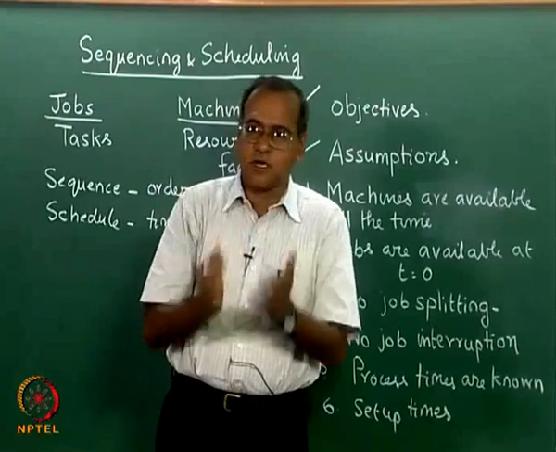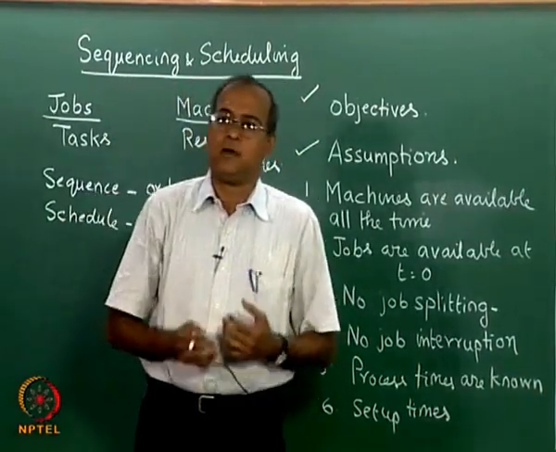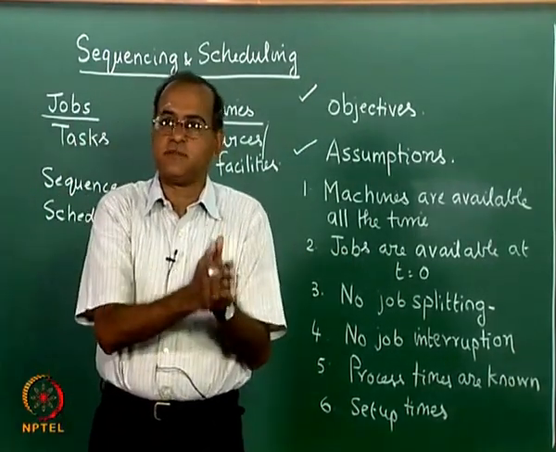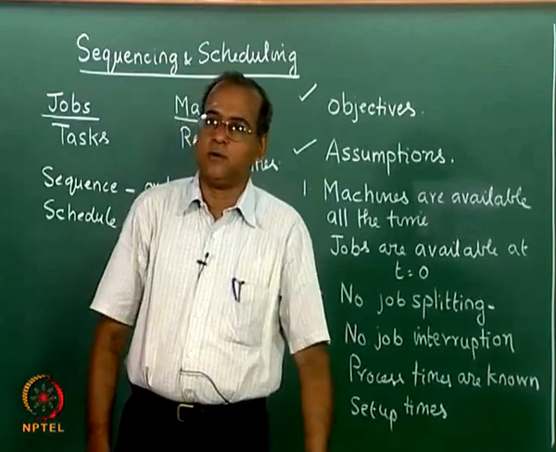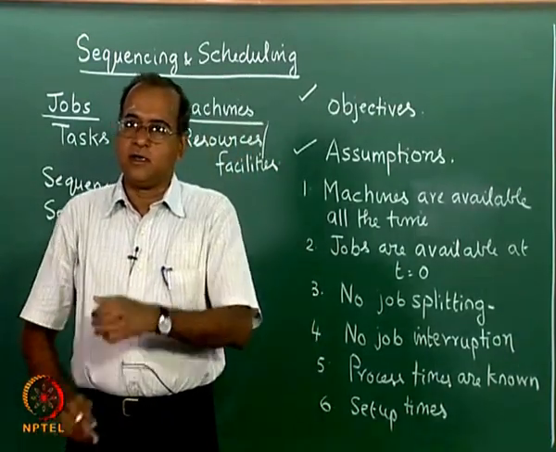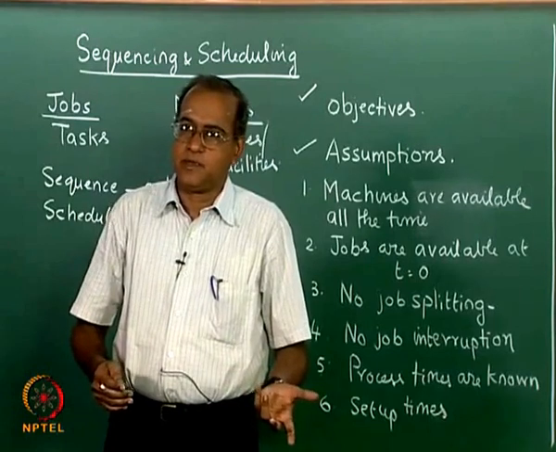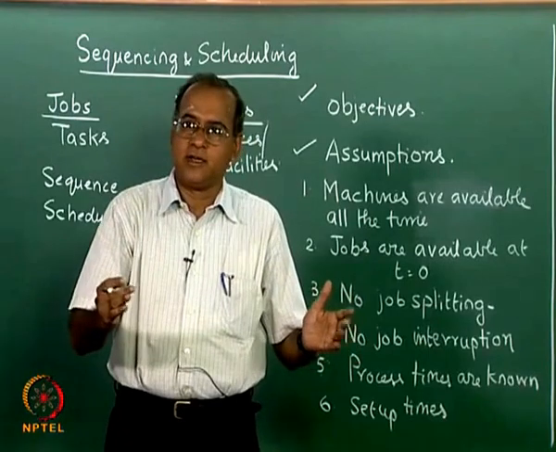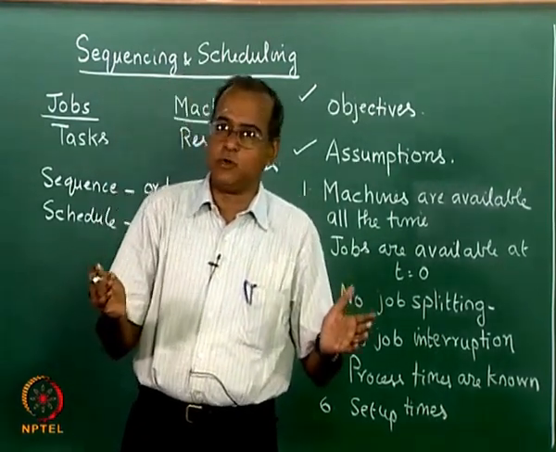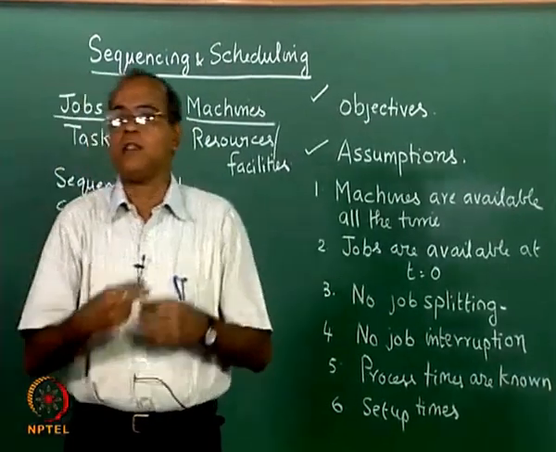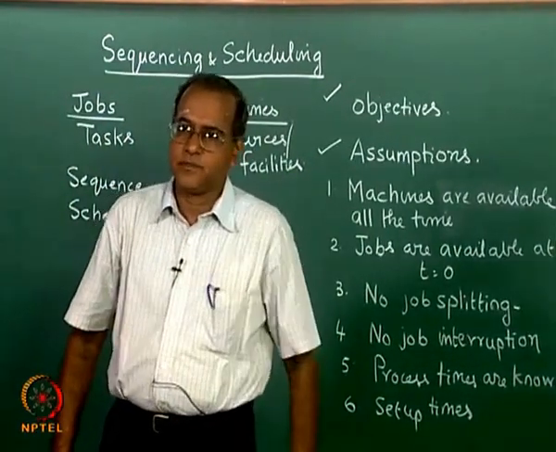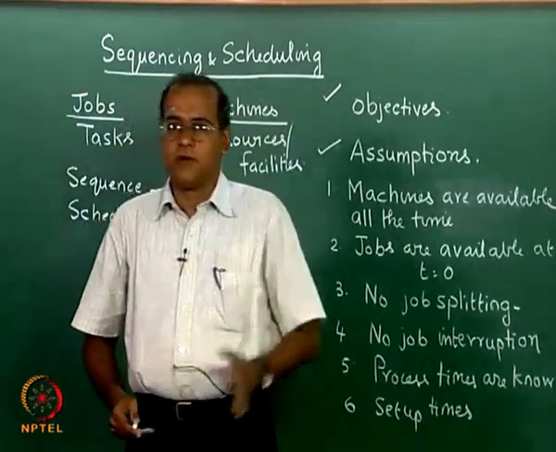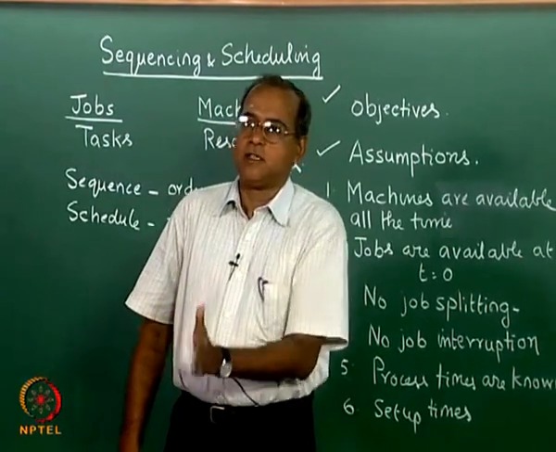So, if a certain set of jobs have to be done on a certain set of machines, there is a point, let us say t equal to 0, at which we start, and then at some point all the jobs are completed. That span from t equal to 0 to that point is the amount of time that we have consumed to perform all the jobs. That is called the makespan.